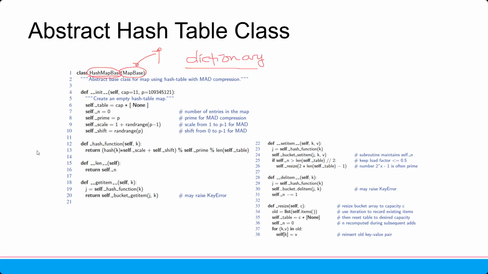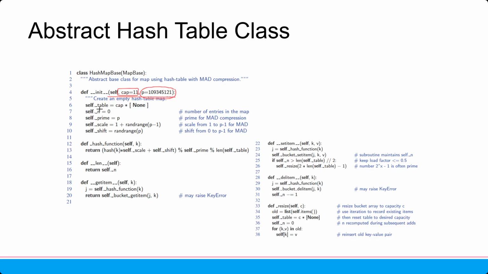In this hash map, we define cap as the capacity, and P is any value that refers to the compression.